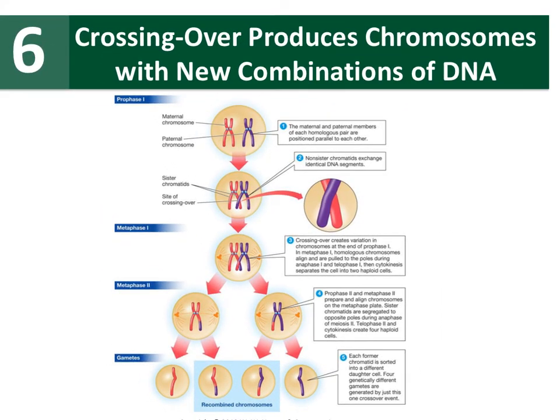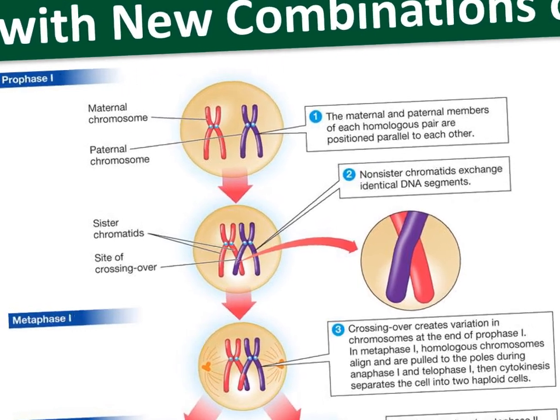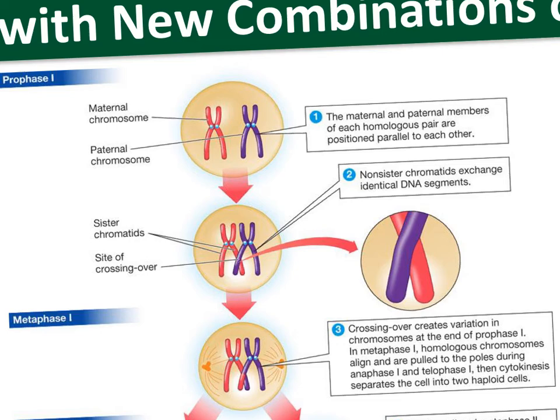Crossing over produces chromosomes with new combinations. We have a maternal chromosome on top, up here on the left, and a paternal on the right.